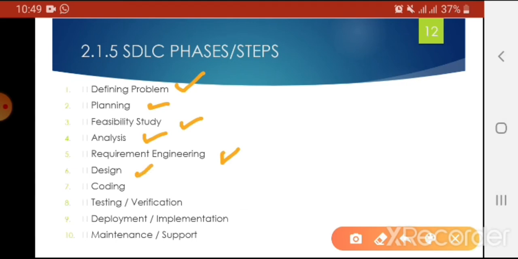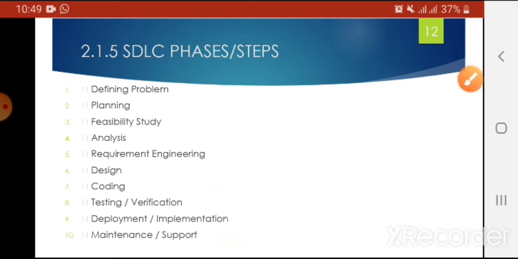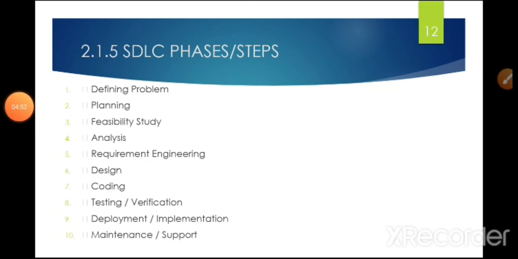Then designing is also composed of further 2 phases which we are going to discuss. Then testing, verification, deployment or implementation, and maintenance and support. In today's lecture we will cover first 4 phases of SDLC, that is from defining to analysis phase.